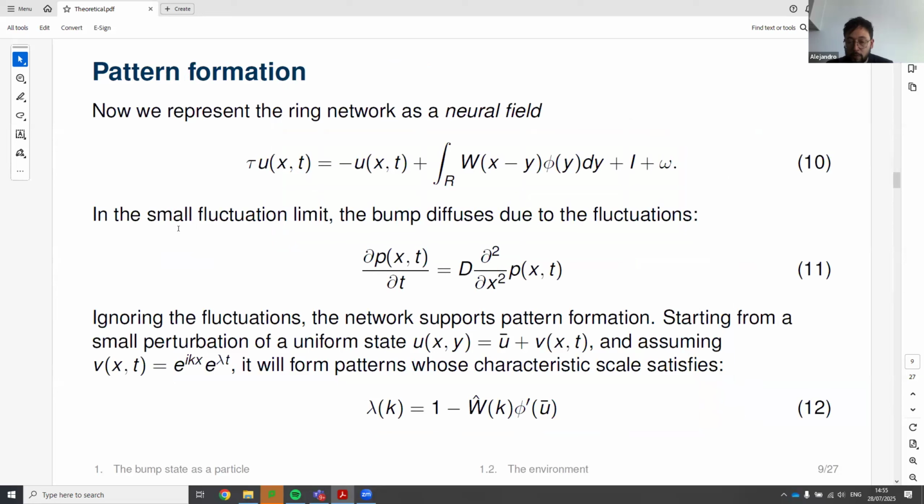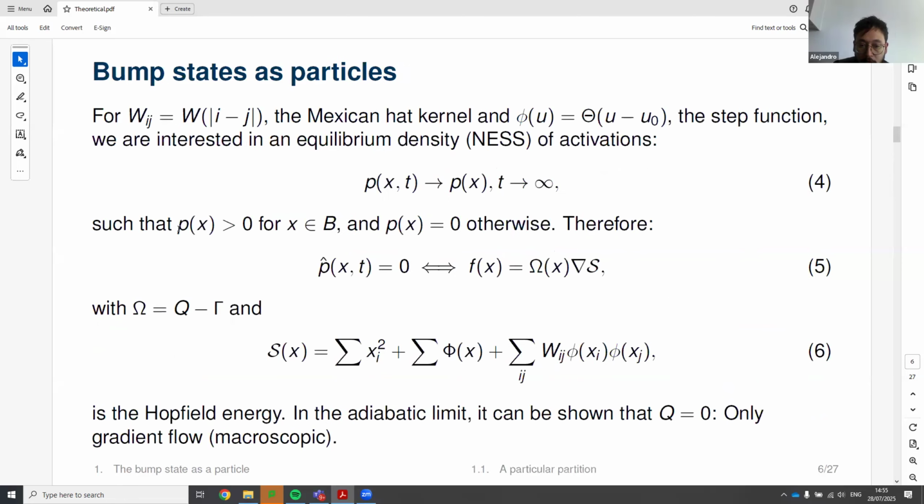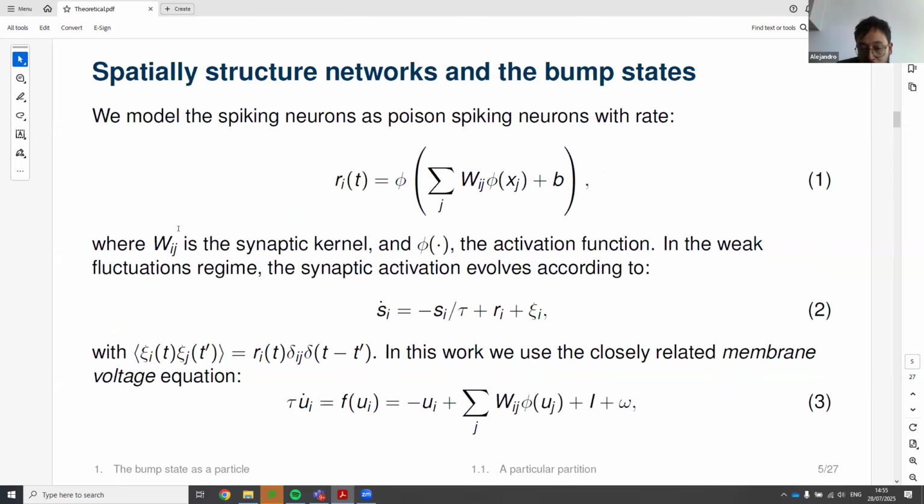Now I want to talk a little about what this environment is, the medium in which the bomb exists. I just want to bring up a new approximation, a new limit that is often used in the literature for these networks. If you look at the original network, we are working on a discrete domain, so each neuron belongs to some specific position.